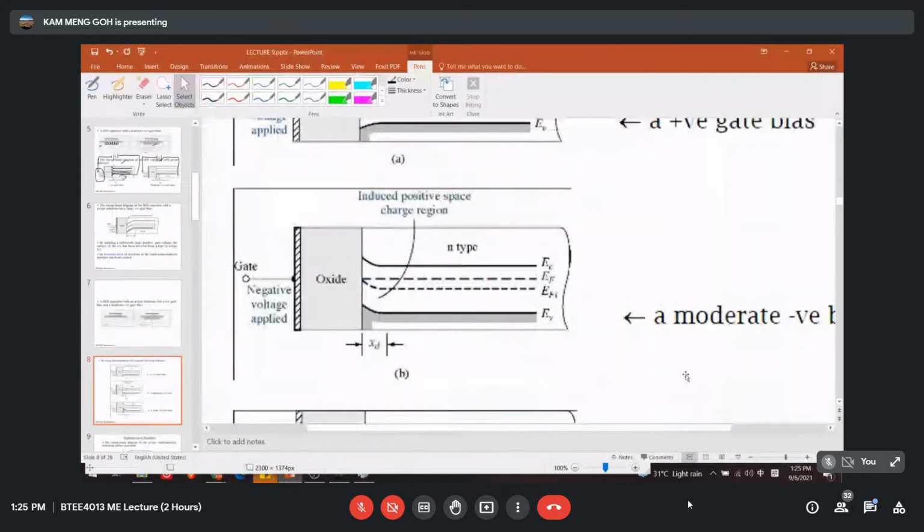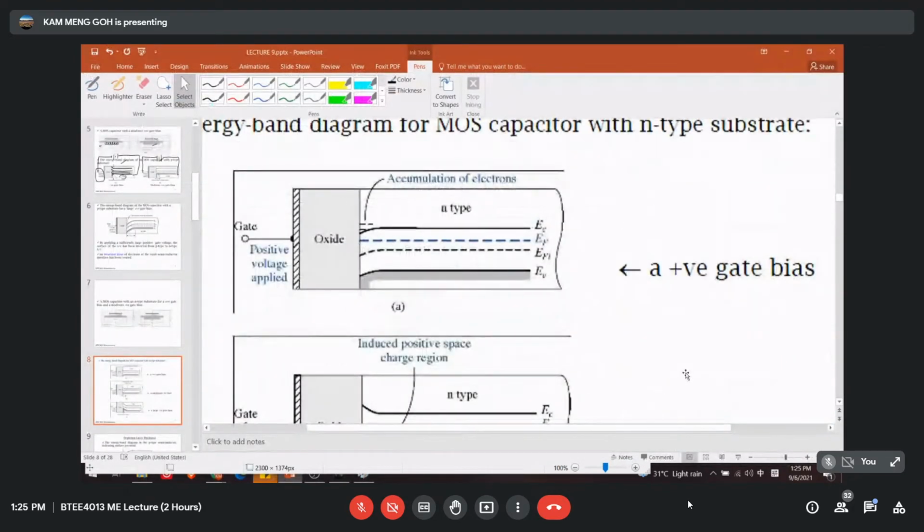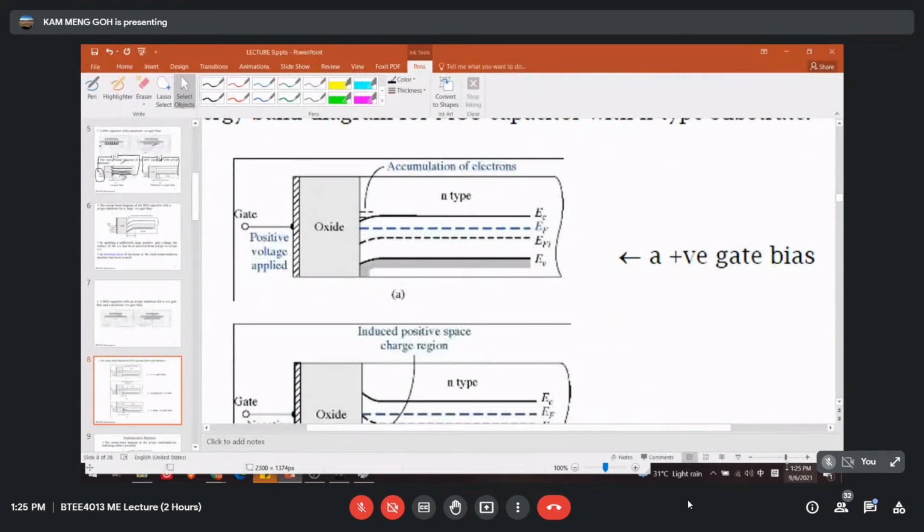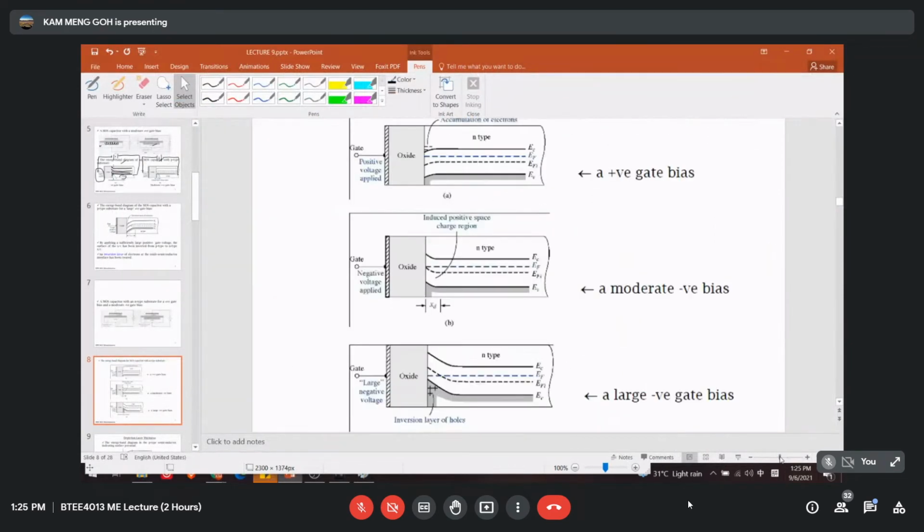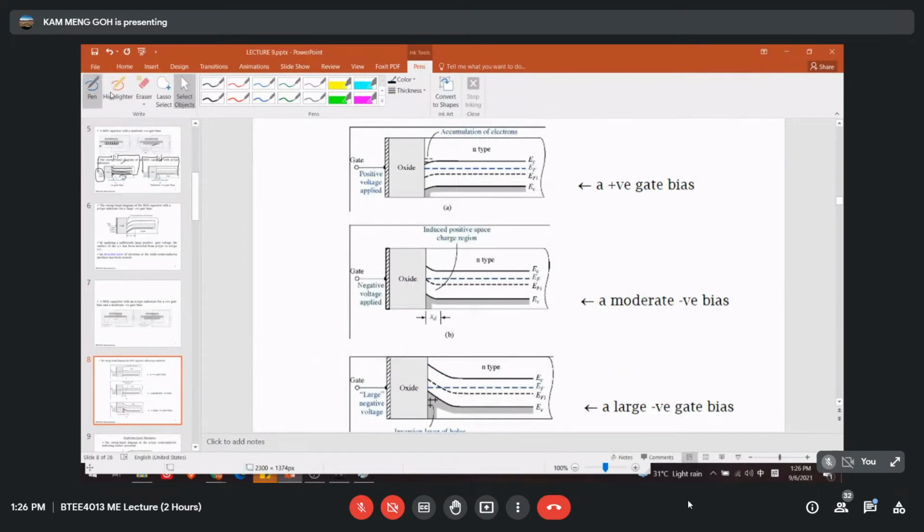Same thing happens. Right now we are dealing with all the n-type. So if this is an n-type, connect to positive, this one connect to negative, a large negative. This is a moderate negative. If connected to the positive, the band will look something like this. Here will be accumulating all the electrons because electrons come to here, so all full with the electrons. That's why the electron is somewhere around here.